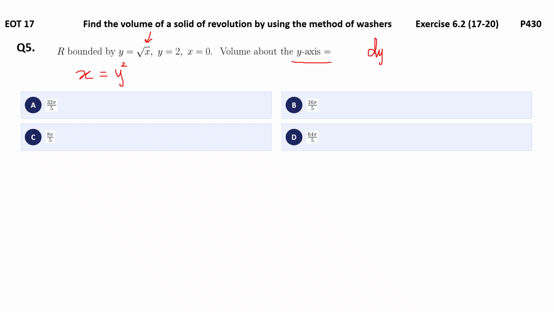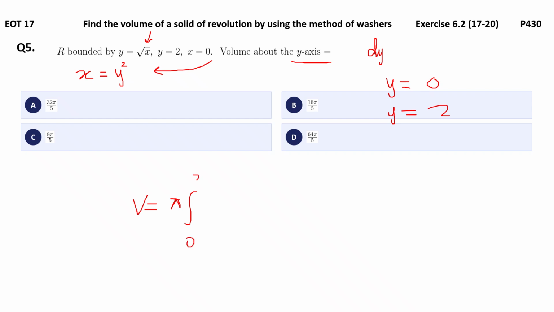Already you have one of the y values as 2. And what could be the other y value? Substitute x equal to 0 in this expression and you get your y value as 0. So you are going to find your volume as pi multiplied by the integral from 0 to 2.